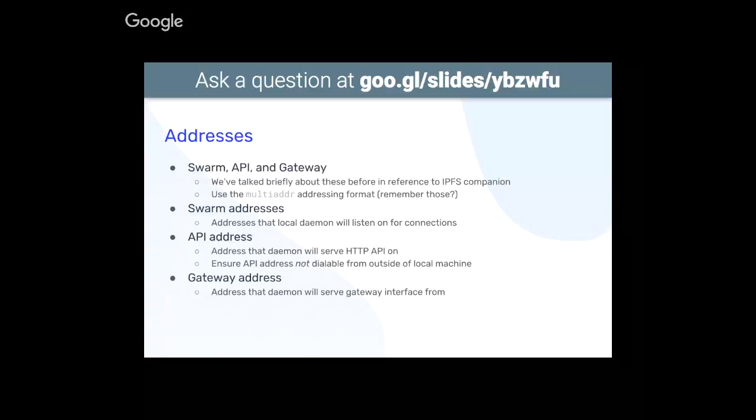If you're running a local peer on a mobile phone, you probably don't want a gateway running, because that presents a security vulnerability.